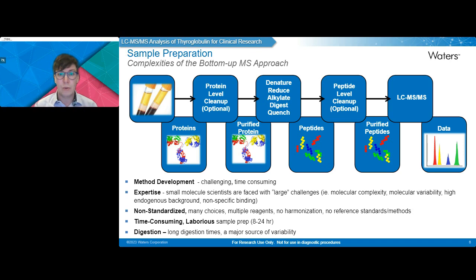As you can see in the workflow, there are different options around purification to get towards a peptide endpoint. That includes protein or peptide enrichment, where you may use an antibody or a similar sort of product to bind to the peptide or protein of interest to pull it out of the matrix and effectively perform a cleanup.